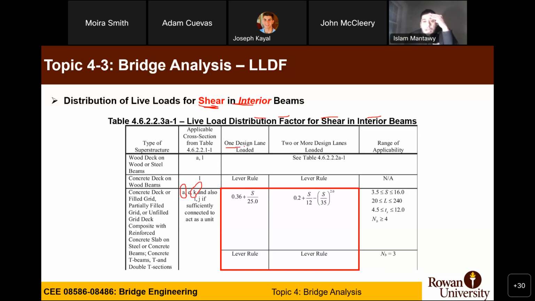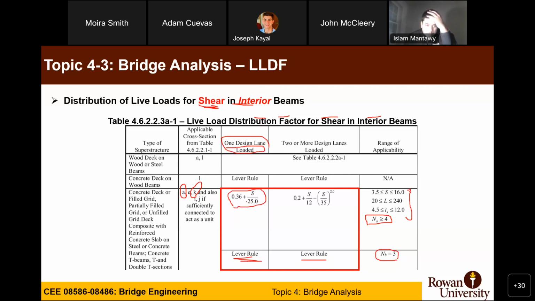If it's one lane loaded, you have two sets here. If you are having 4 or more girders or 3 girders, correct? If it's 3 girders, straight away use lever rule, okay? If it's 4 or more, make sure you check the applicability. This is the easiest equation, right?